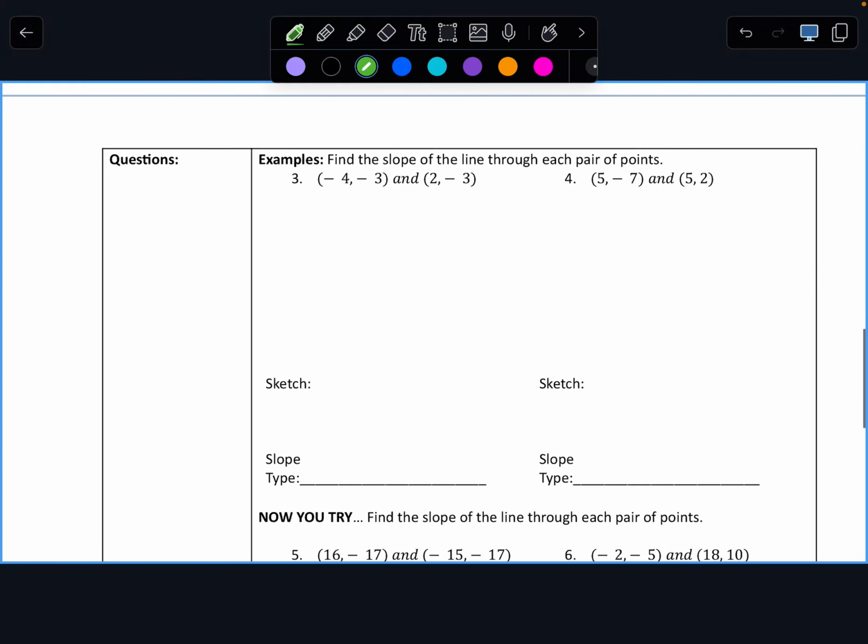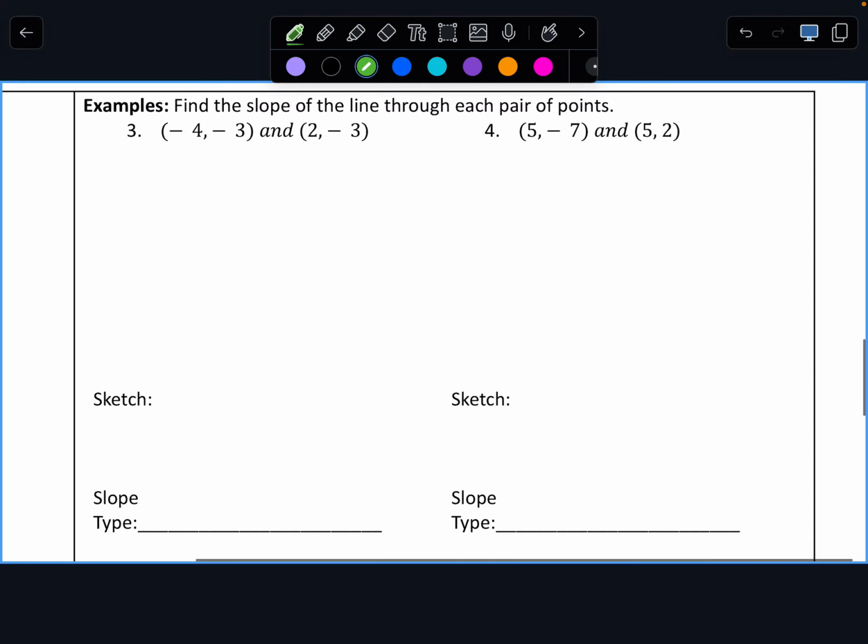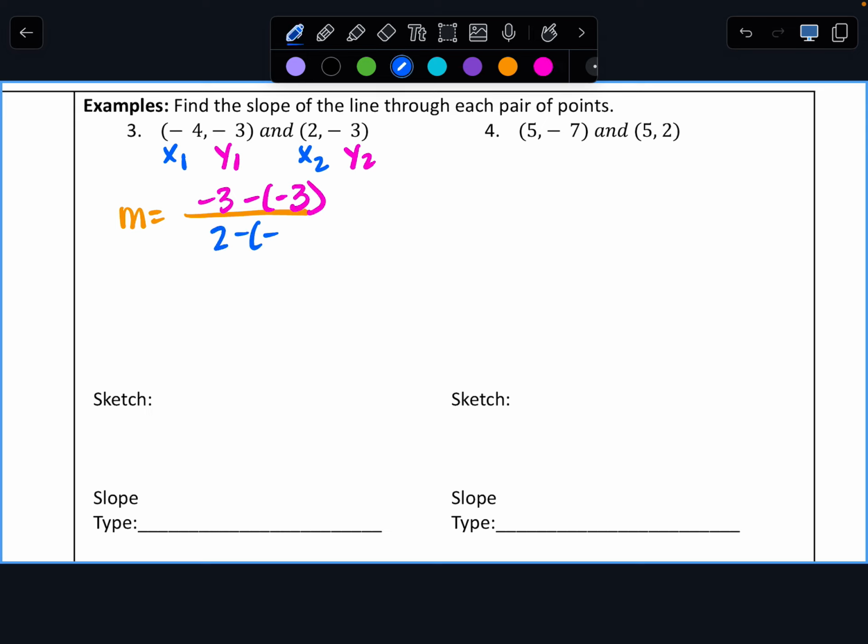Let's look at number 3. We have x1, x2, y1, y2. y2 minus y1 is negative 3 minus negative 3. x2 minus x1 is 2 minus negative 4. I'll simplify this.